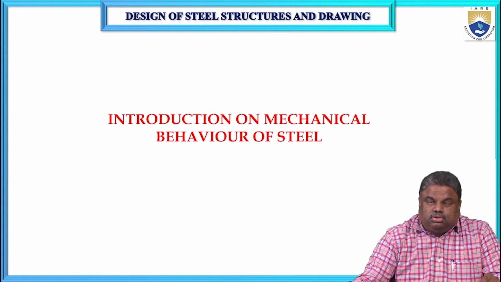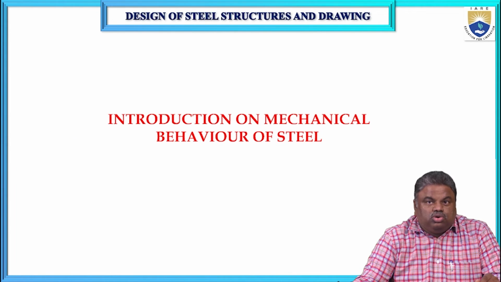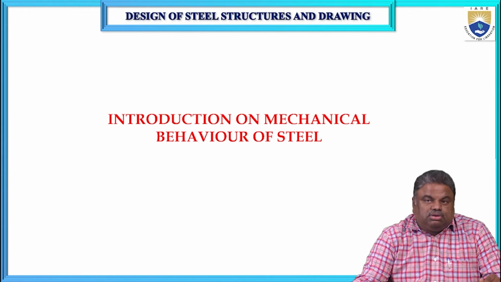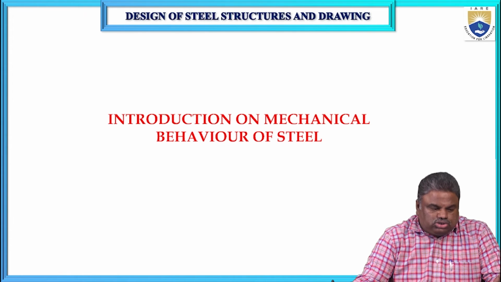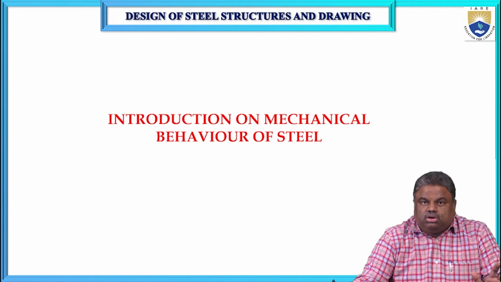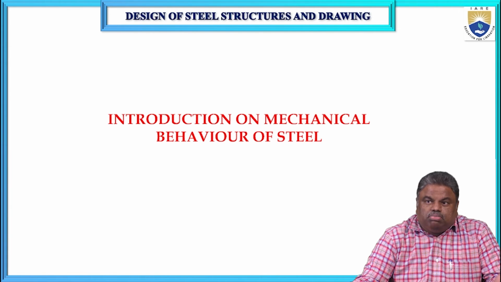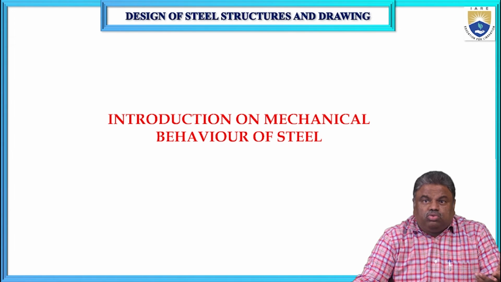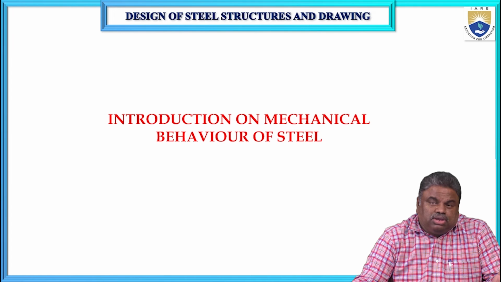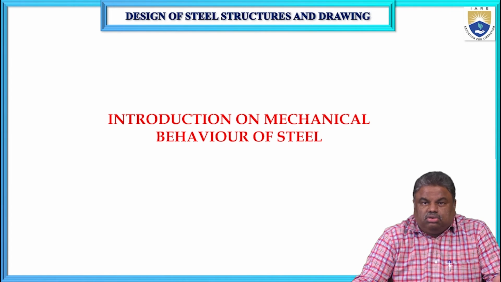So let's begin with module 1, introduction on mechanical behavior of the steel. In this module, we are going to cover what are the different materials generally used for design purposes, what are the properties of the different steels, and the making of iron and steel.